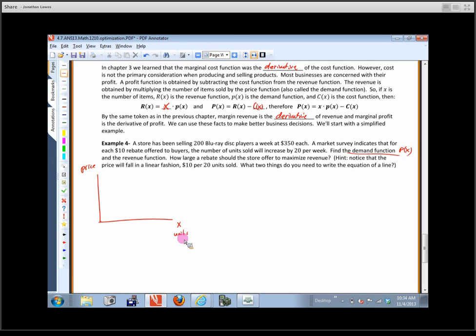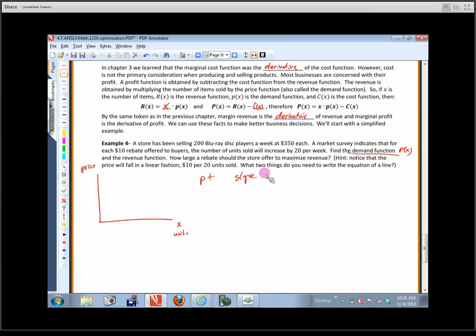The price is going down $10 for every 20 units increase in sales. Slope's going to be negative. And it's linear. So what things do we need to write the equation of a line? We need a point and we need a slope.